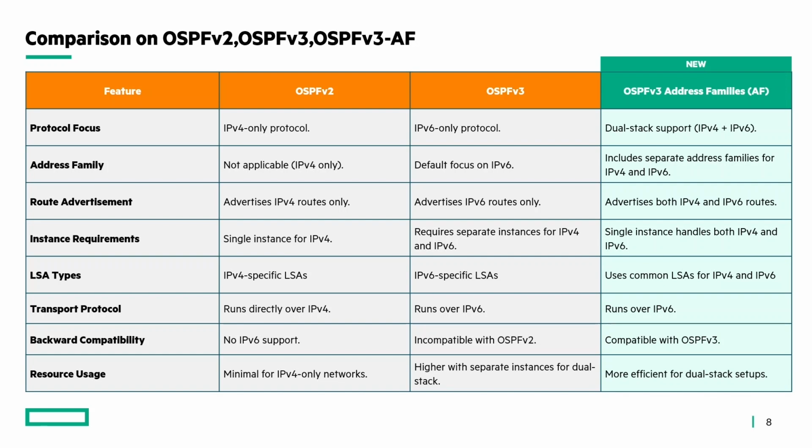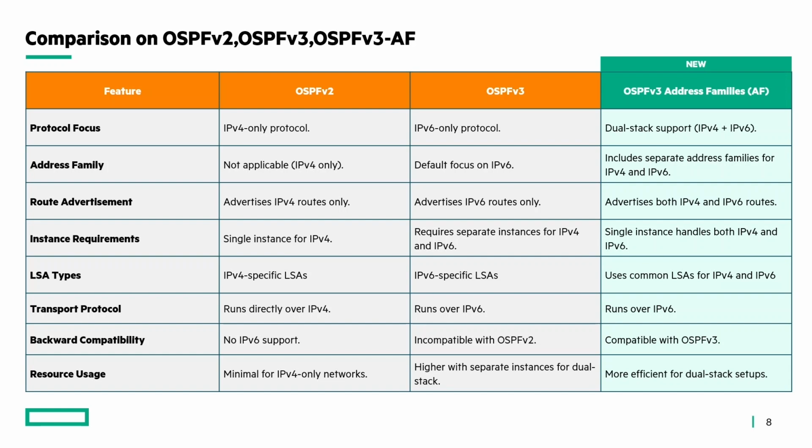Talking about route advertisement, v2 advertises only IPv4 routes and v3 only IPv6 routes, whereas address families advertise both IPv4 and IPv6 routes simultaneously. The next is the instance requirements, which is a single instance for OSPF v2, that is IPv4.